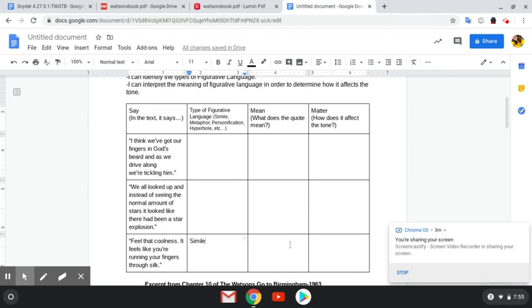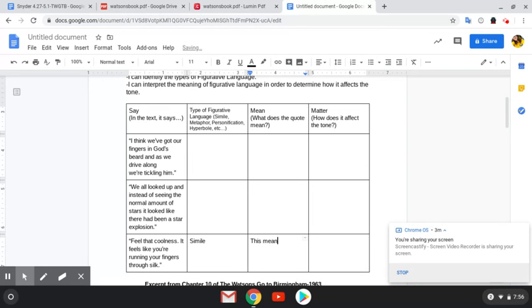And then we're going to move on to the meaning. What does this quote mean? He says, having his hand out the window feels like you're running your fingers through silk. Silk is something that's really smooth. So I'm going to start by restating the question.